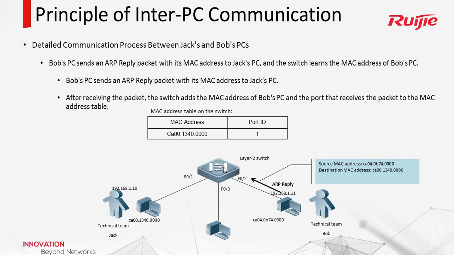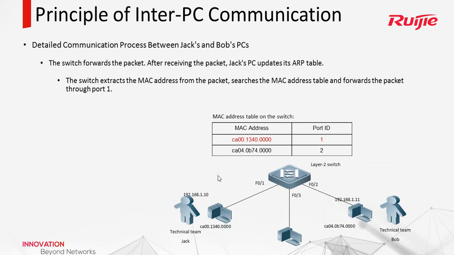When it is sent to the switch, the switch will first record Bob's server's MAC address with port 2. Then the switch will check the MAC address table, and because there is an entry CA00 with port 1, the switch will just send it to port 1.